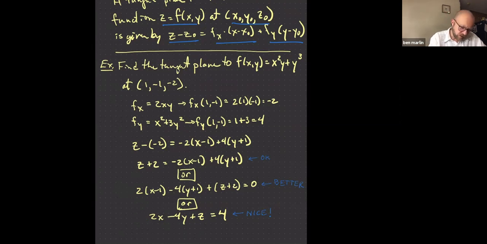If you know a little bit about vectors, this means that the vector (2, -4, 1) is actually the normal vector to the plane at that point. If you don't know about vectors, don't worry about that so much. However, ask Don about vectors. I'm sure he'll talk to you quite a bit about them.